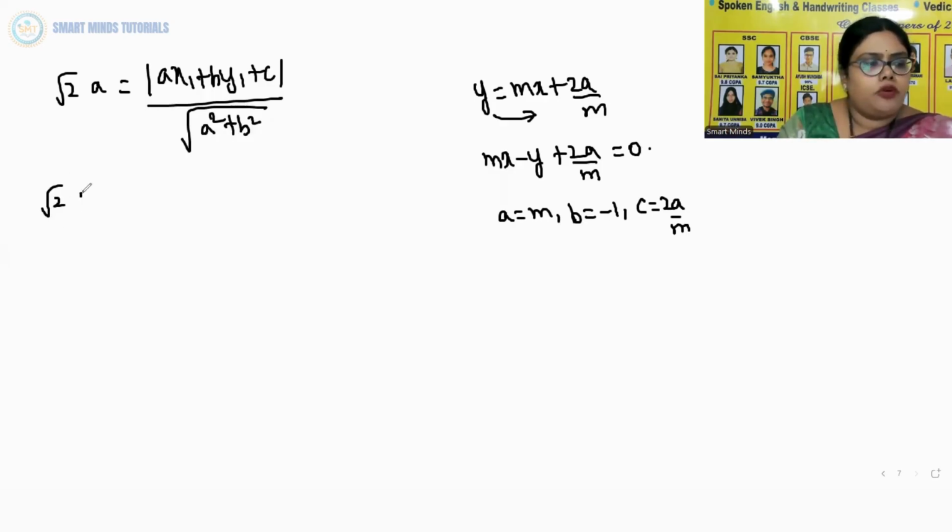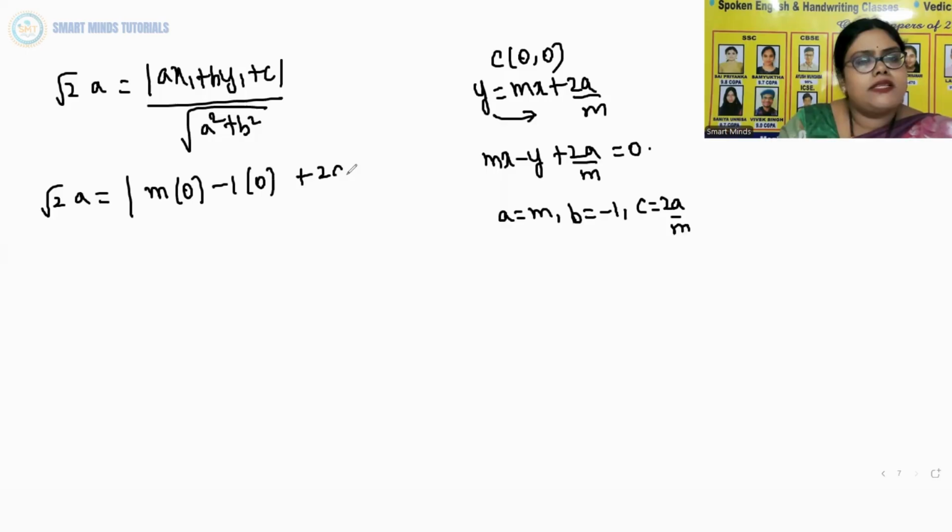So we get root 2a is equal to mod a is m and x1 is 0, right? Because center is 0 comma 0, that is x1 y1, plus b is minus 1 into 0 and c is 2a by m by root m square plus 1.